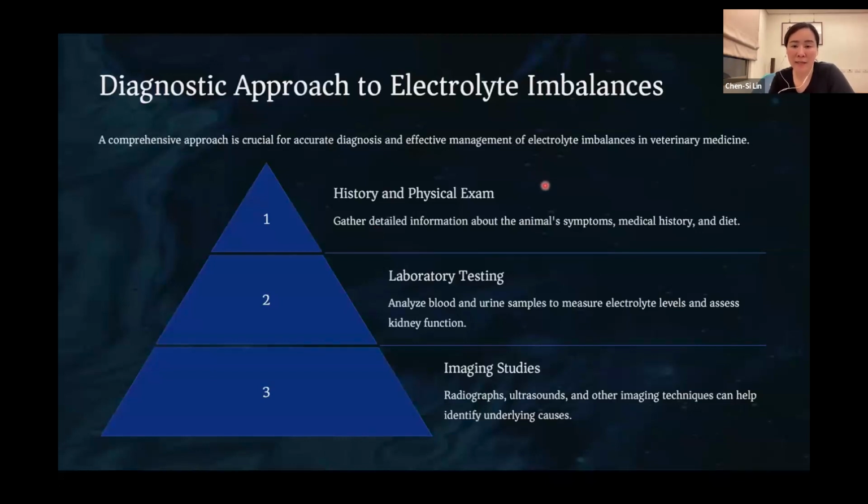We need to collect all the information about the animal's symptoms, their medical history, and what kind of diet, because both medical history and the diet or supplements they use may cause this electrolyte imbalance. So in the first stage, we need to collect all this information. And the second stage is laboratory testing.